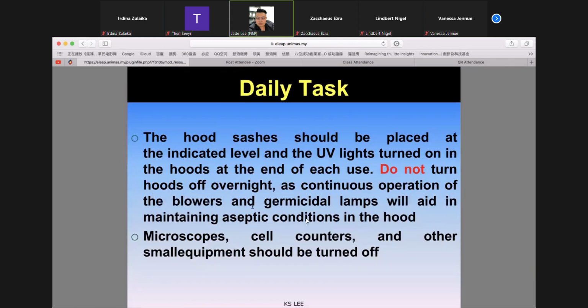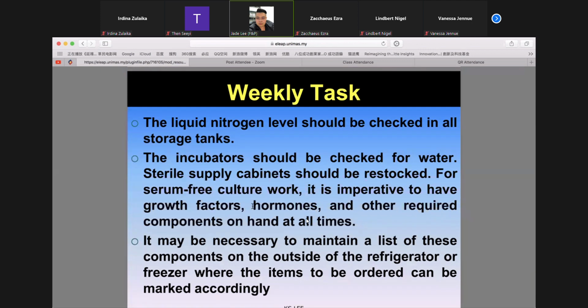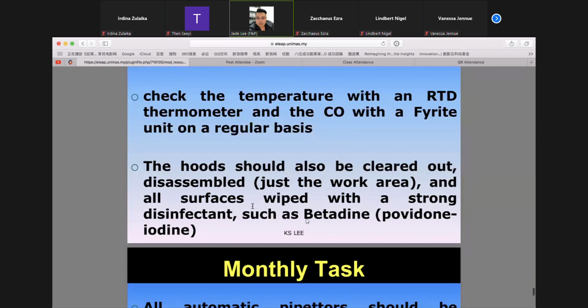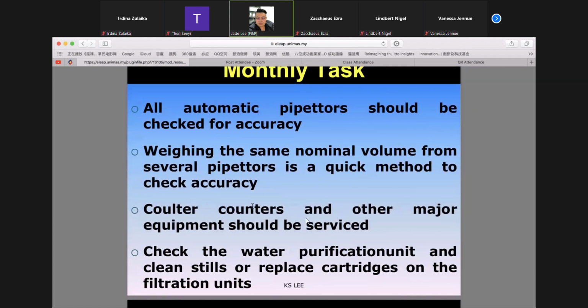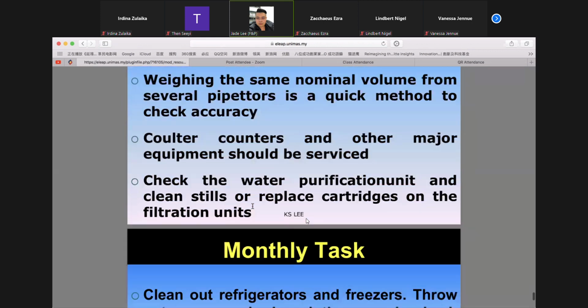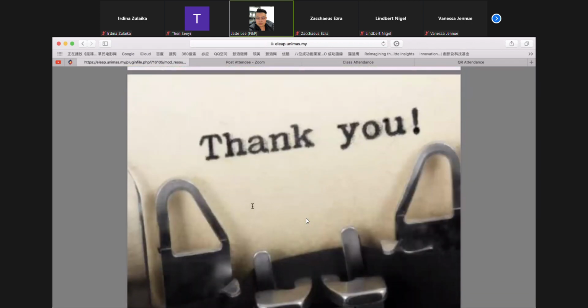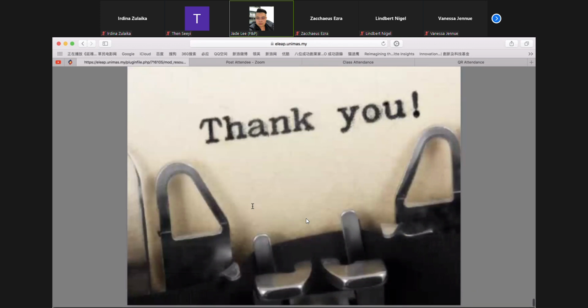If you are hired as a lab manager, there are also weekly tasks that you need to perform, and also monthly tasks. This is very basic general knowledge that once you read, you can understand, so I'm not going to talk about that. I think for this section, that's all for the training.